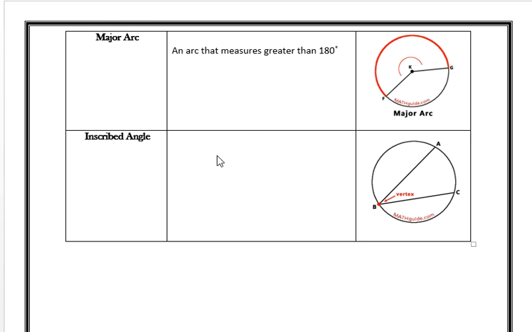The last word we'll look at is an inscribed angle. In this picture we have a circle and we have an angle, angle ABC, with B being the vertex, as you can see. And again, remember that we name this angle ABC with the middle letter always being the vertex.